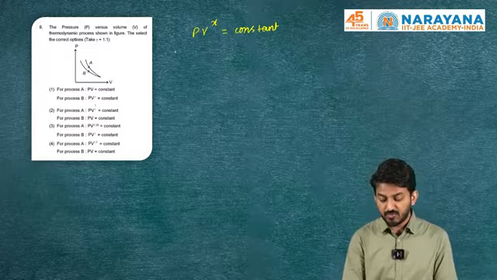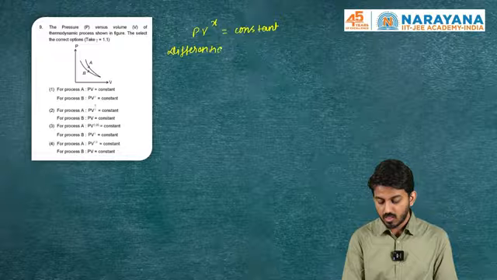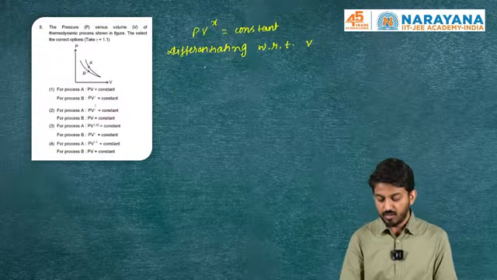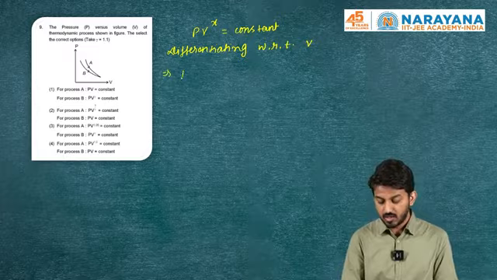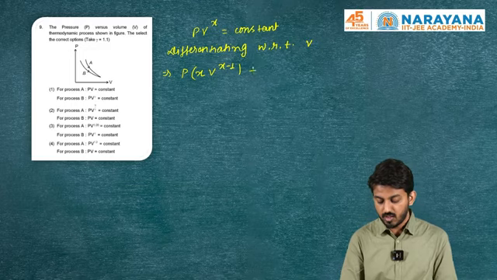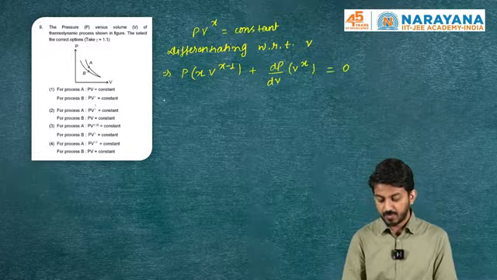Now, if we differentiate this with respect to V, volume, applying chain rule here, I'll get P x V raised to power x minus 1 plus V raised to power x dp by dv is equal to 0.